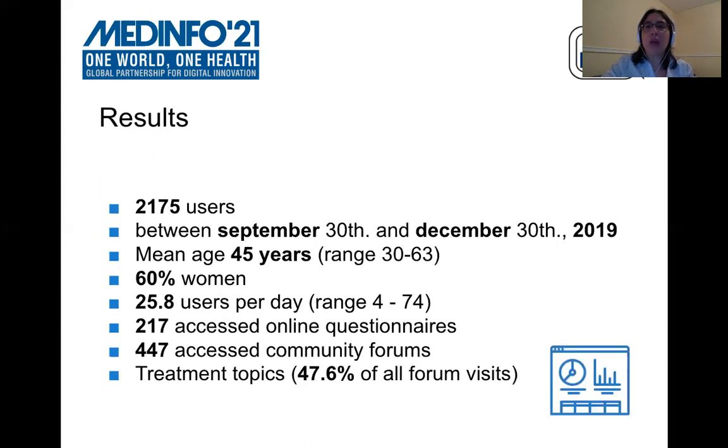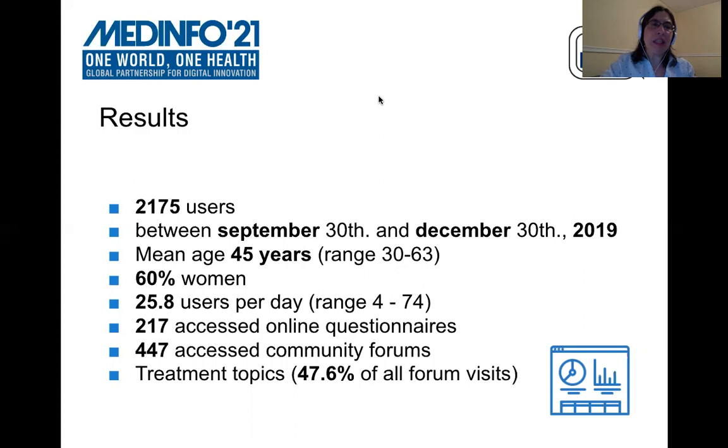Going to the results, we included 2,175 users who accessed the online community between September 30 and December 30, 2019. The mean age of users was 45 years, in a range from 30 to 63. 60% were women.